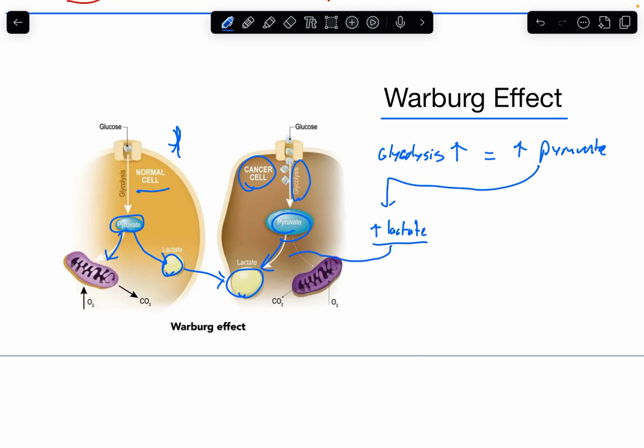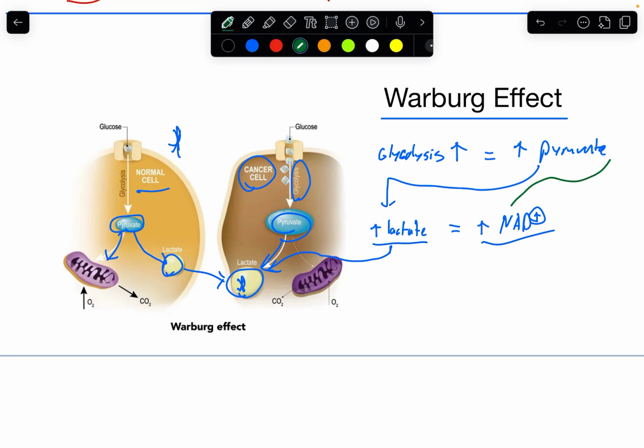As we can see here, in the cancerous cell, there's a lot more lactate. And this lactate is really important in the upregulation, because lactate leads to an increased NAD+ amount within the cell, which promotes, right here, let's go green here. It's going to promote more glycolysis, right?